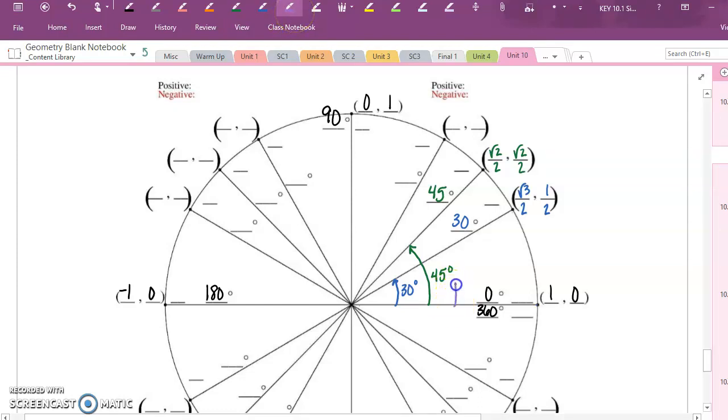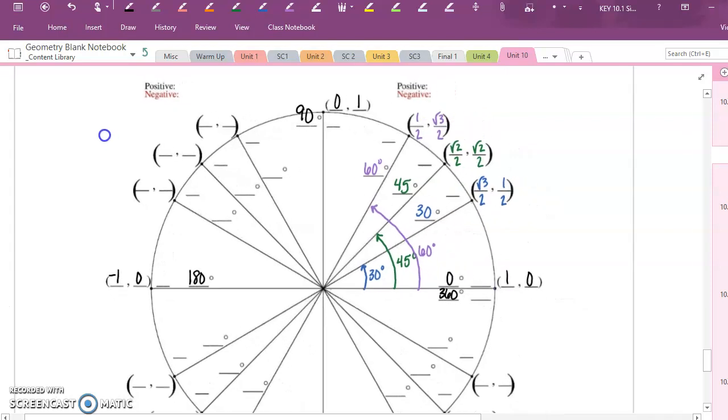Finally, our last reference angle that we did was 60 degrees. And for 60 degrees, if you scroll back through our notes, the cosine of 60 degrees was 1/2, and the sine of 60 degrees was square root 3 over 2.